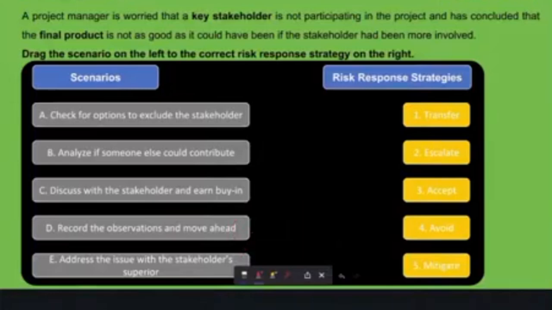Let him solve first. I said avoid: if you have to exclude the stakeholder, you have to avoid him. Which option? Avoid is 4. This one goes with A. Okay.